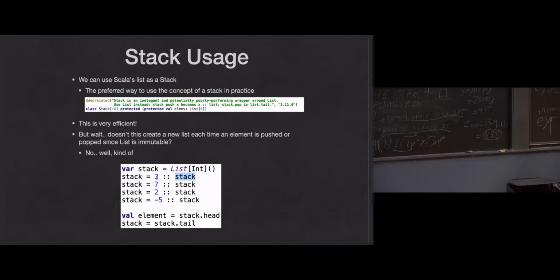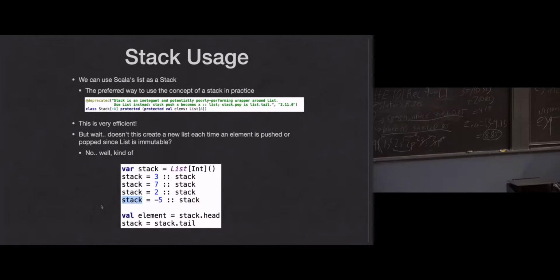It creates a brand new list containing 3 and then all of the elements of the original list. For 3, there was an empty list. But by the time we get to -5, we're prepending -5 to this list of 2, 7, 3, creating a brand new list with 4 elements, and then returning a reference to that list containing 4 elements, and then we have to reassign it to our variable in order to see that change.